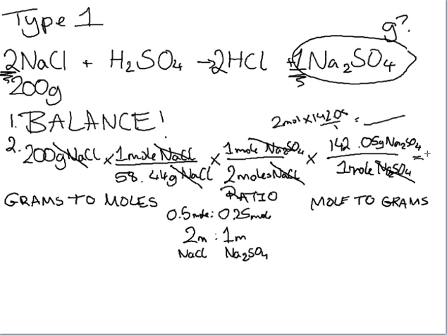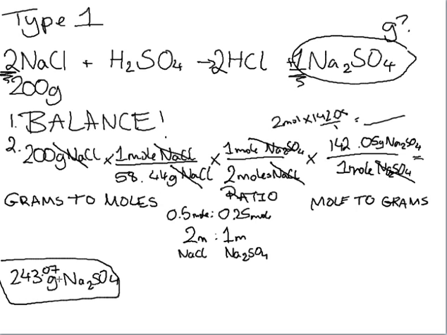Then you get the answer, which I'll write down here, since there's no space. The answer is 243.07 grams of Na2SO4 created if you use 200 grams of NaCl. So that's your answer right here.